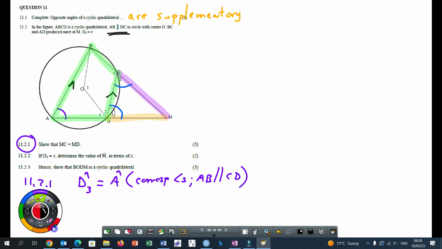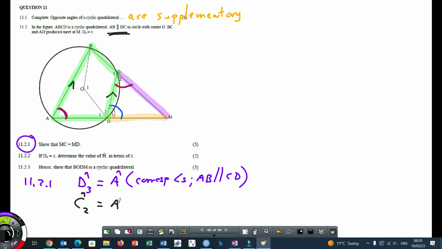Okay, so C2, which is this one here, it's an exterior angle of cyclic quad, so it's equal to angle A. Okay? So, I'm going to write it here and say C2 is equal to angle A, and my reason will be exterior angle of the cyclic quad.